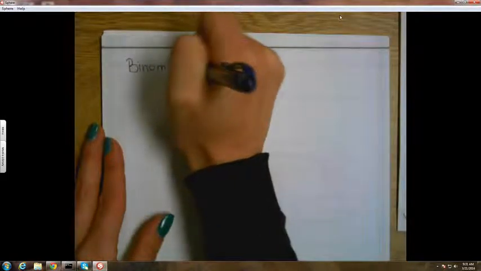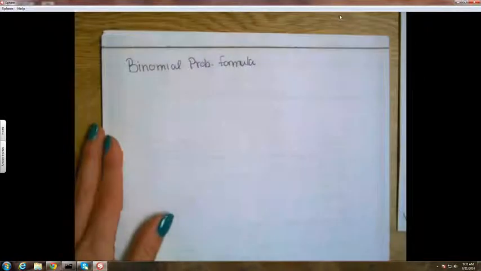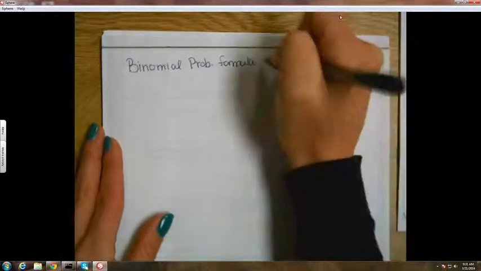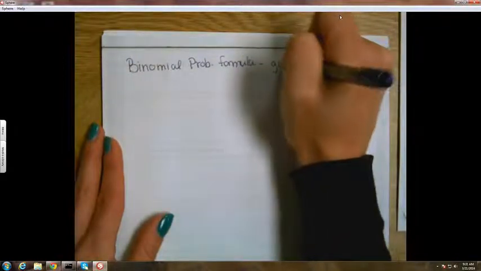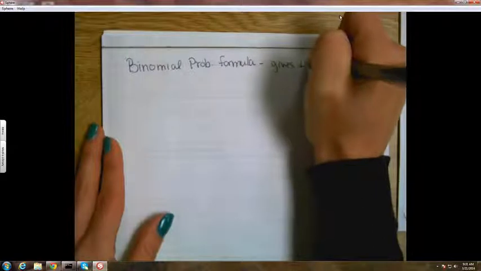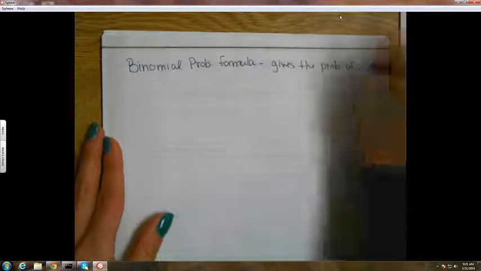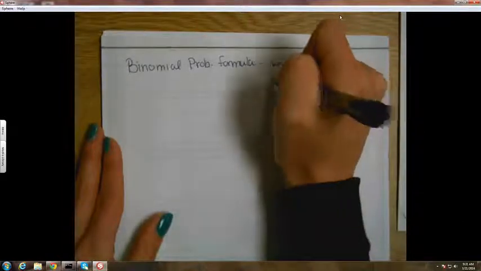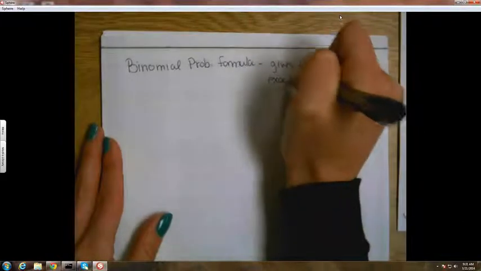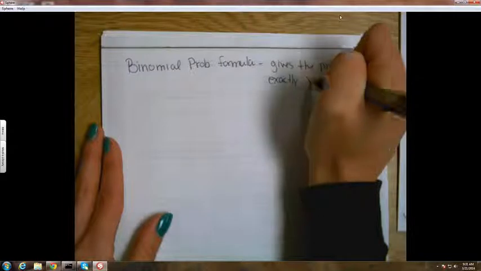Binomial probability formula: give the probability of exactly X successes.